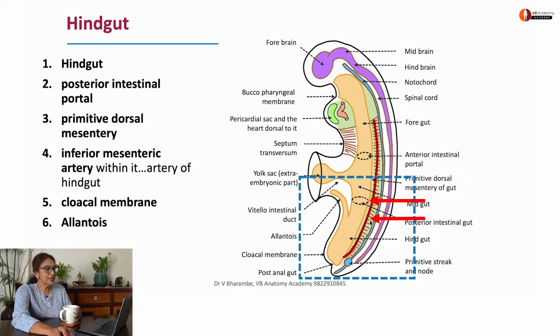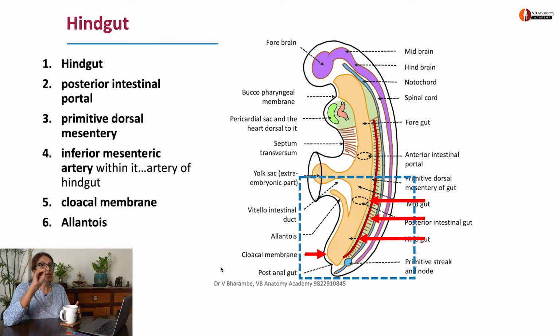Now you can see this green colored dorsal mesentery which is attaching the gut tube to the dorsal wall. Here is your dorsal aorta giving rise to the inferior mesenteric artery, the artery of the hindgut. And finally, this hindgut touches the surface ectoderm at a bilaminar membrane called the cloacal membrane.